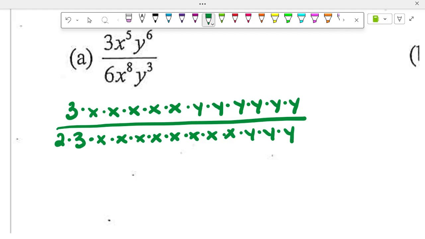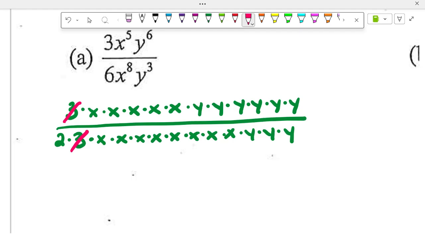Now, here's where we can have a little bit of fun with this. Anywhere we see a number or value that happens in both the numerator and the denominator, we can cross out. So I can go ahead and cross out the 3's. They're gone. Now, we don't cross out all of the x's. Every cross out, it's 1 to 1. So 1x in the top for 1x in the bottom. All right.